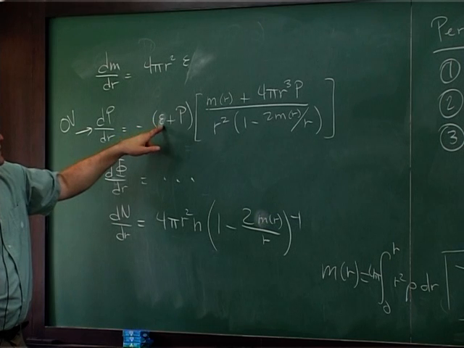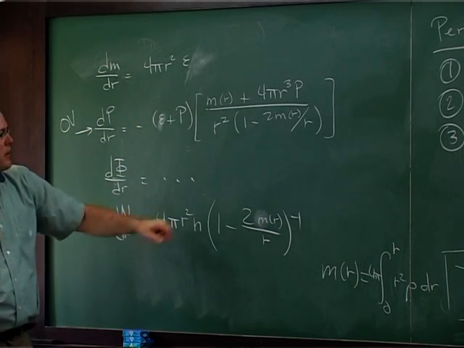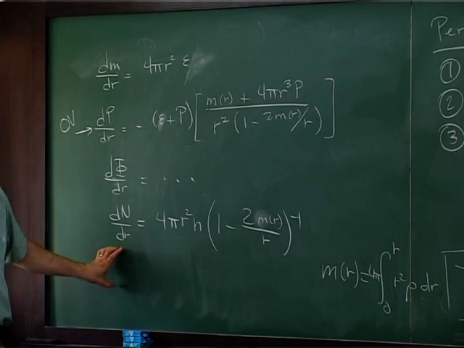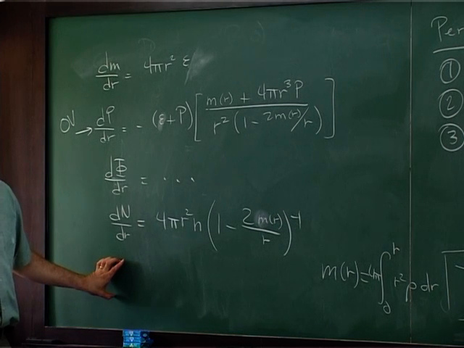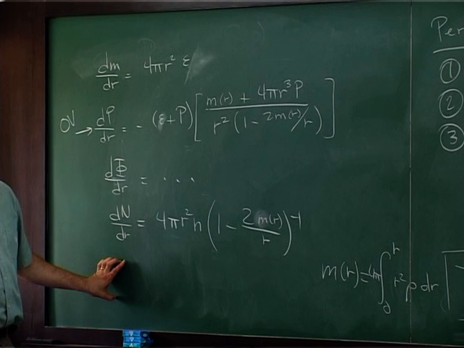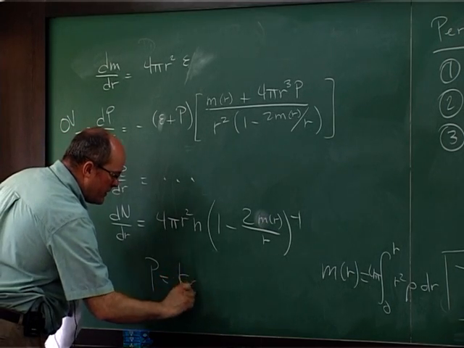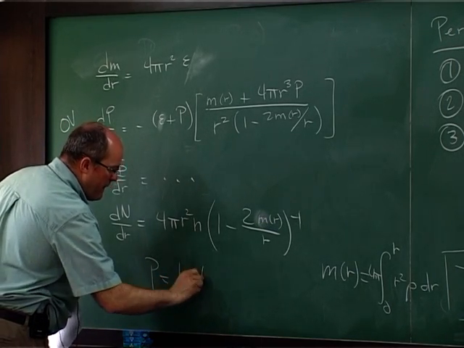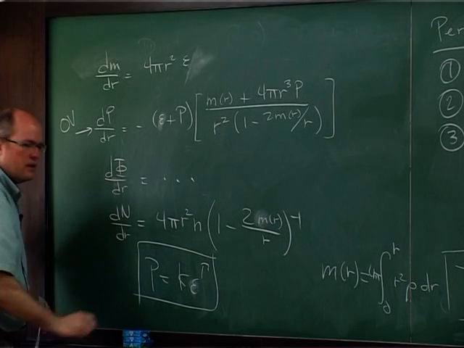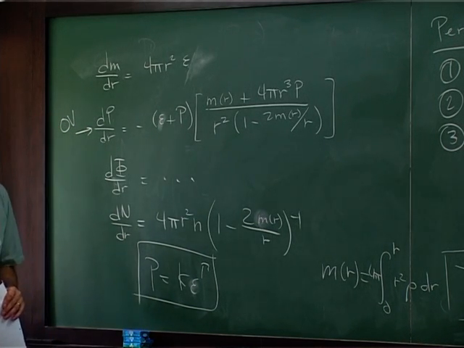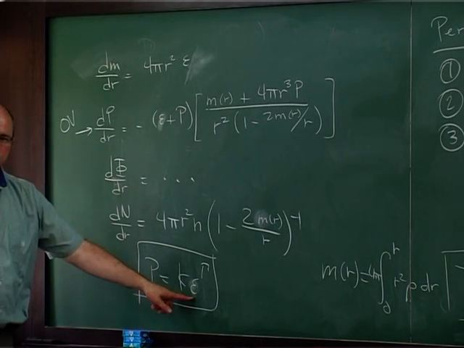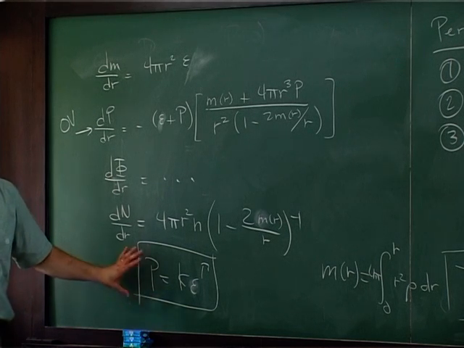What about epsilon? I've got epsilon on the right-hand sides, but I don't have an equation that tells me how epsilon varies in r. How would I find that, do you think? The equation of state, right? I'm going to assume that I can write something like this.